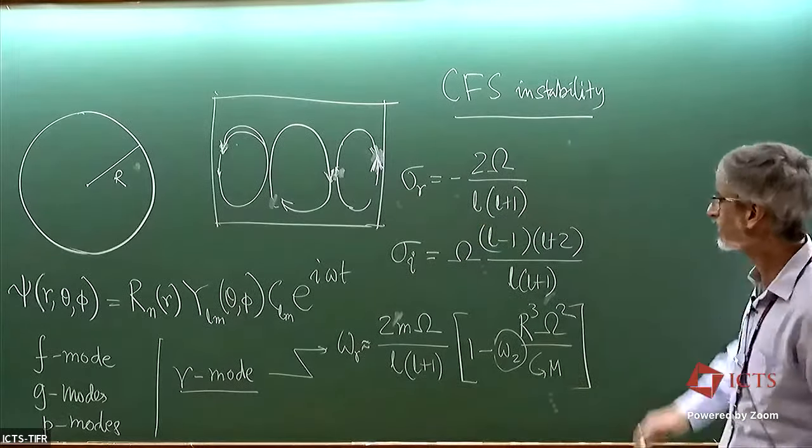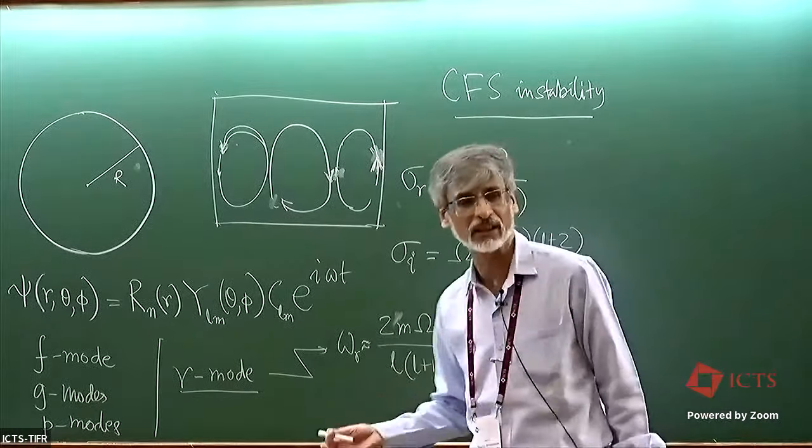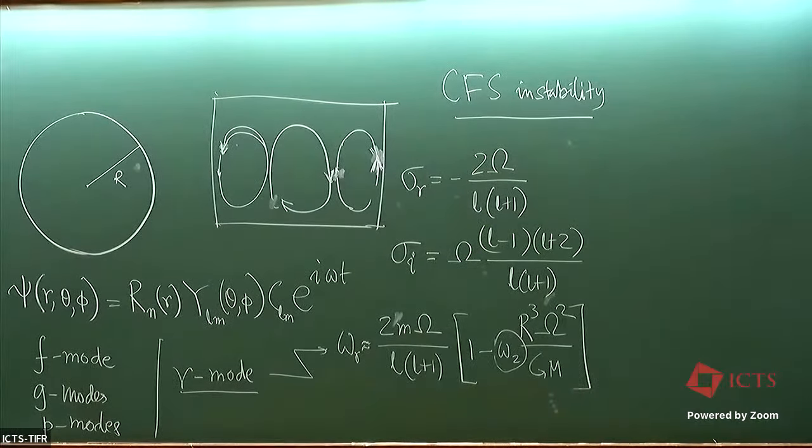So given this, one would expect continuous gravitational waves from stars in which such r-modes can be sustained. The limiting factors are going to be dissipation again, right?